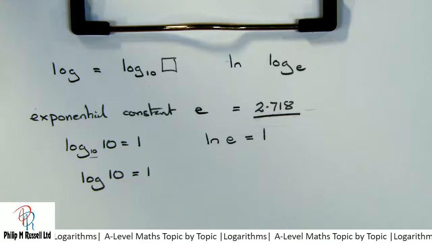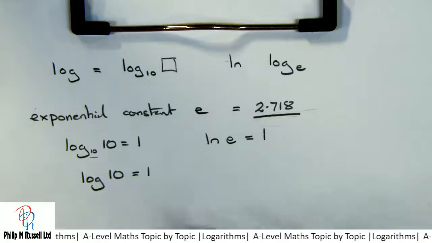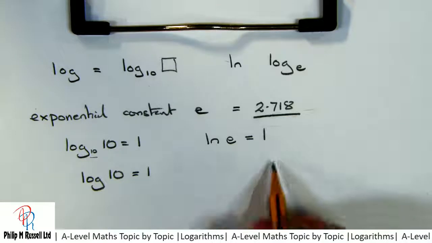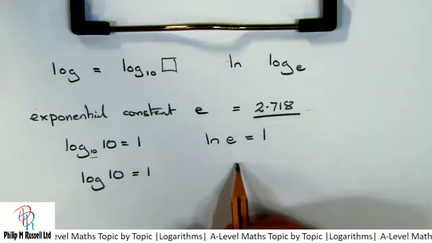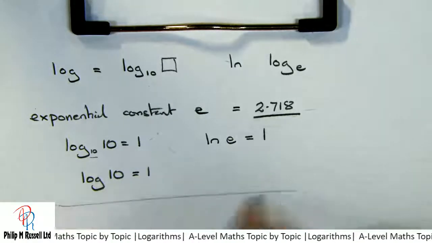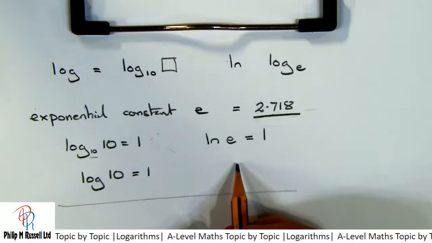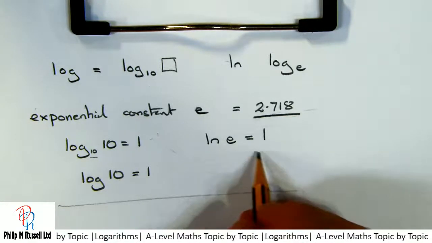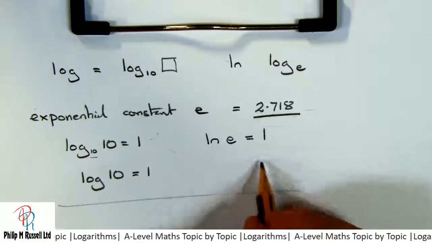So we can use logarithms to solve all types of awkward equations, and when we try to do some of this, it's sort of necessary to do some clever little tricks, and we'll have a look at some of those. This is really useful for when we're playing around with differentials, and when we start to play around with differentials we find that this log to the base e is invaluable.